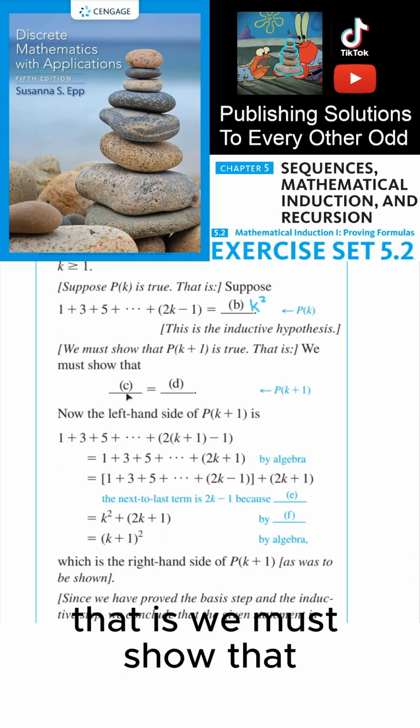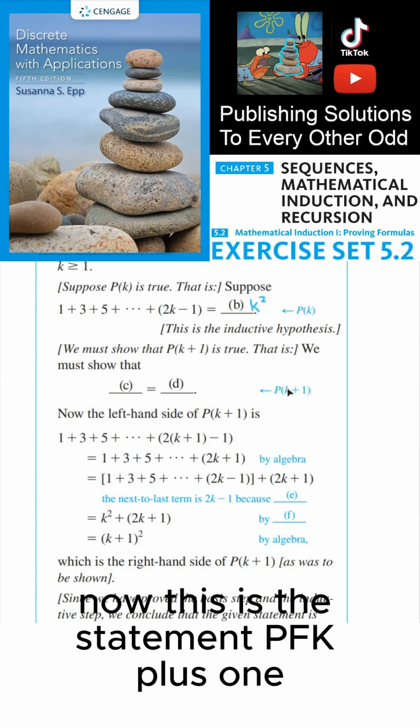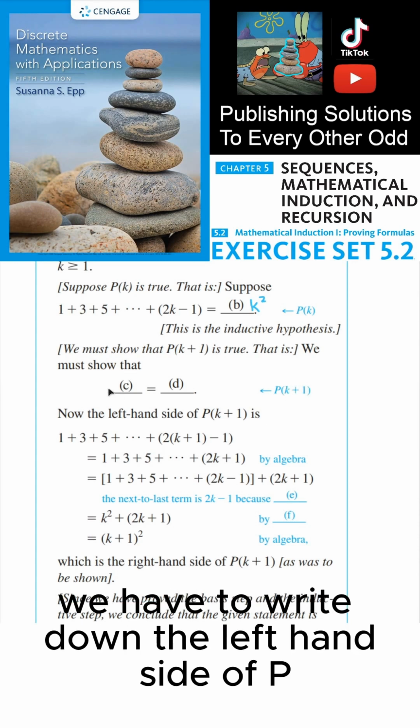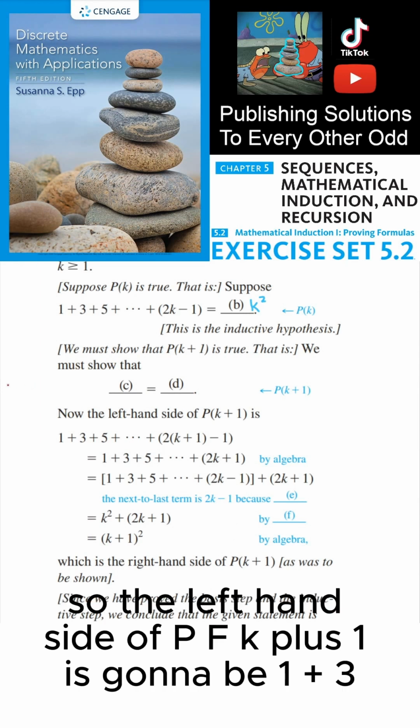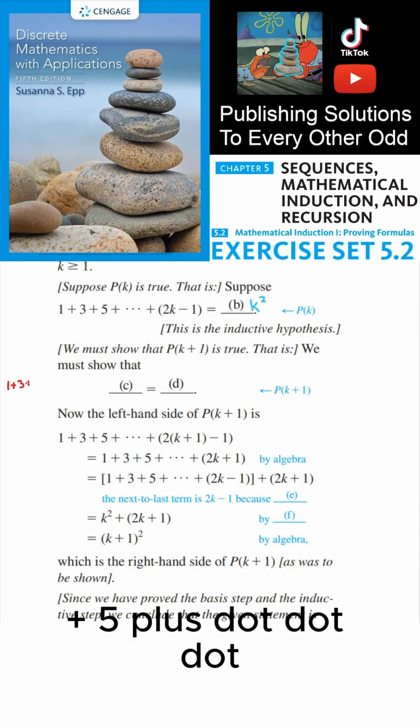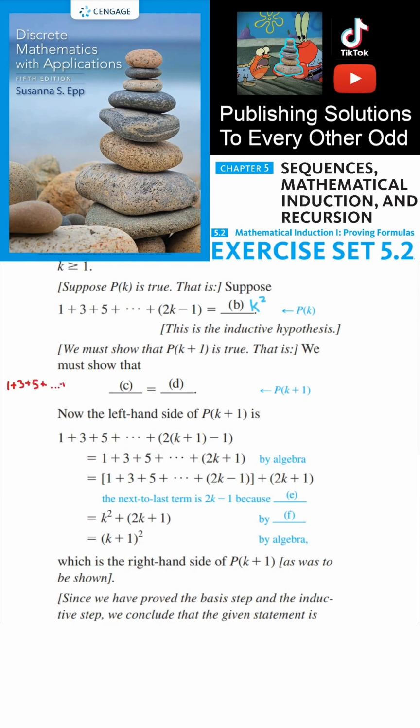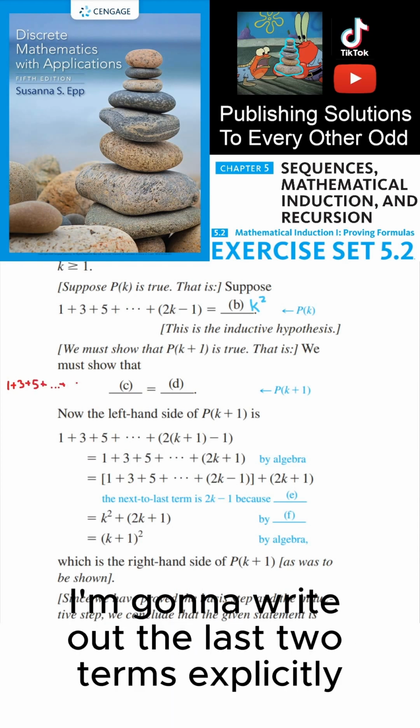That is, we must show that, now this is the statement P of k plus 1. We have to write down the left-hand side of P of k plus 1 and the right-hand side of P of k plus 1. So the left-hand side of P of k plus 1 is going to be 1 plus 3 plus 5 plus all the way up to, I'm going to write out the last two terms explicitly.